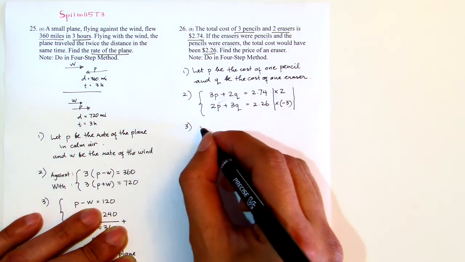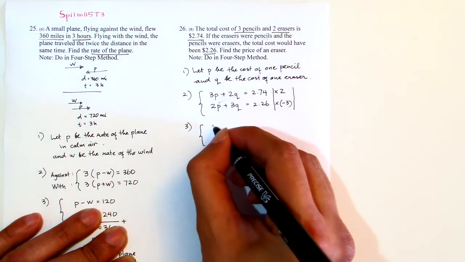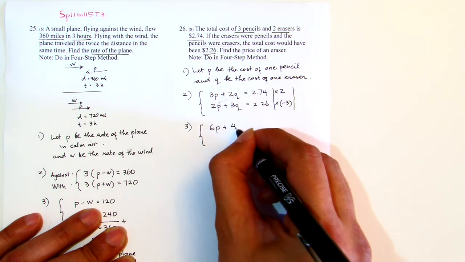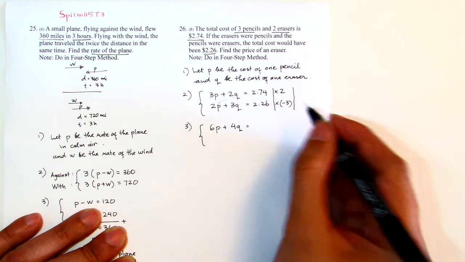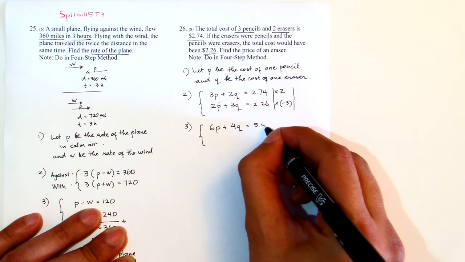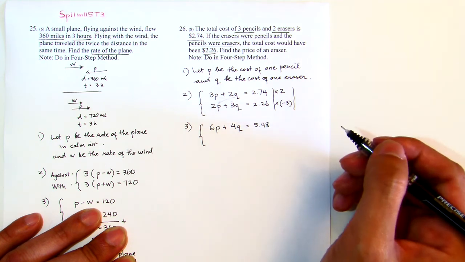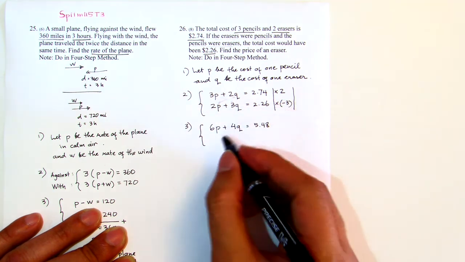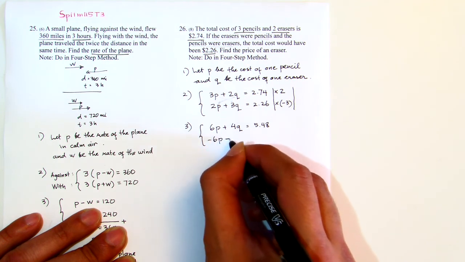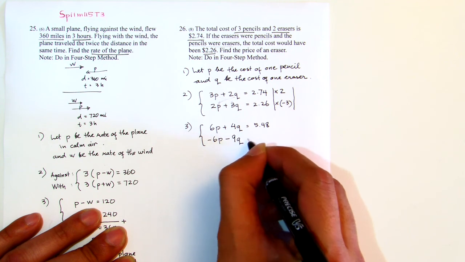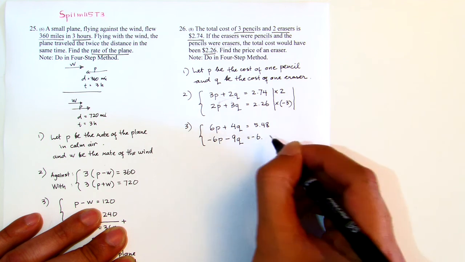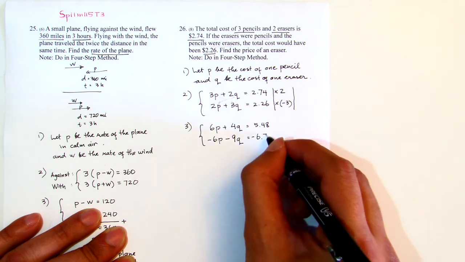Now, by doing so, we will get 6P plus 4Q equals $5.48. And for the second equation, if I multiply by -3, I will get -6P minus 9Q equals -6.78.